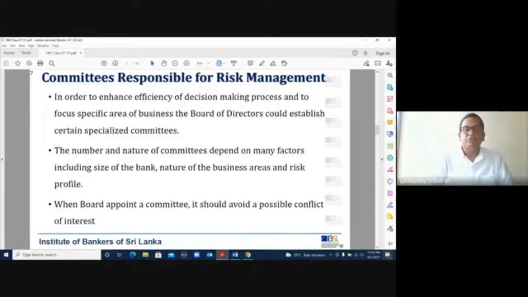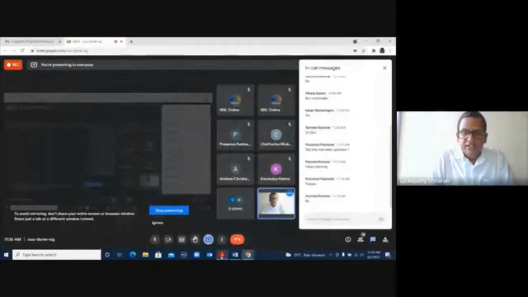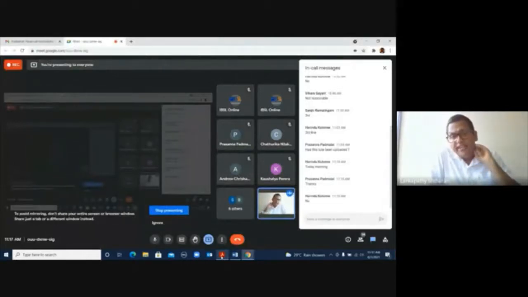Can or not? Yes, that's the answer. Not. Why? Why can the chief internal auditor not be appointed as chairman of the credit committee? No, of course, that is the correct answer.